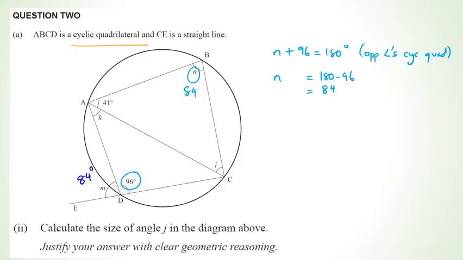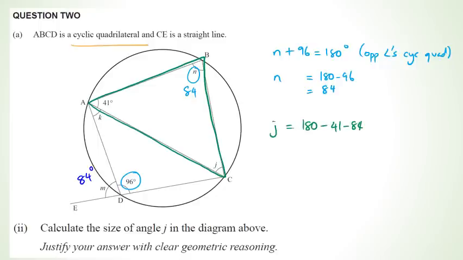The next thing you can do to work out J is create a triangle. Then we can say J equals 180 take away 41 take away 84, because they are angles in a triangle. Simplifying this, you should get 55 degrees.